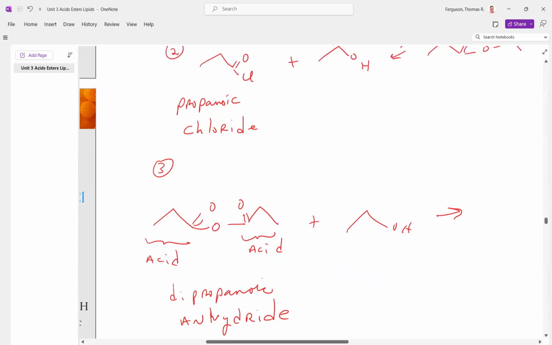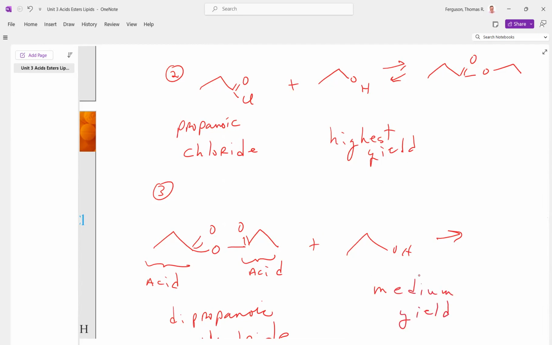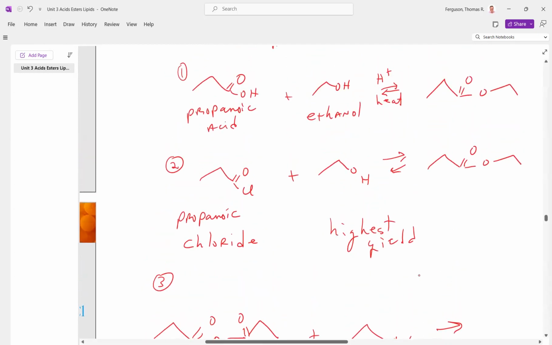Okay, so this, using the acid chloride, gives the highest yield. Okay, so starting with just the acid and the alcohol gives the lowest yield.